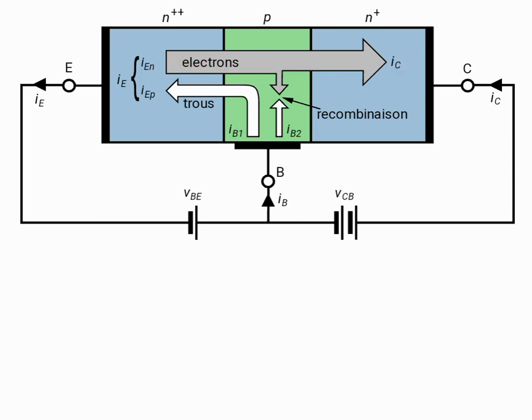That's why this arrow downwards indicates that. All electrons trying to go to the collector region, some electrons will recombine with the holes in the base. That process is called recombination.